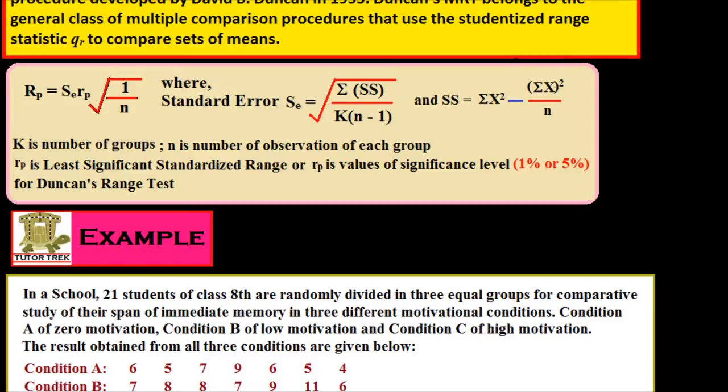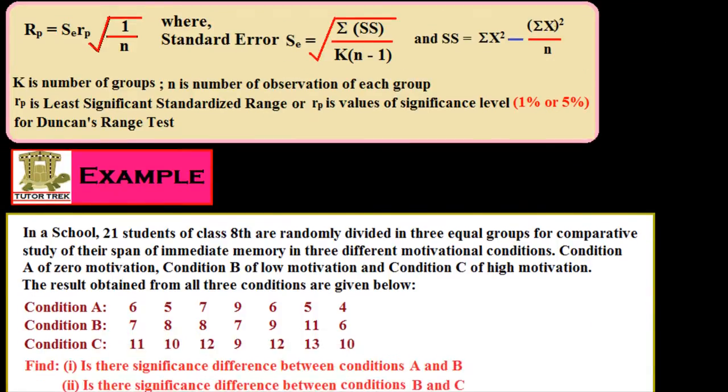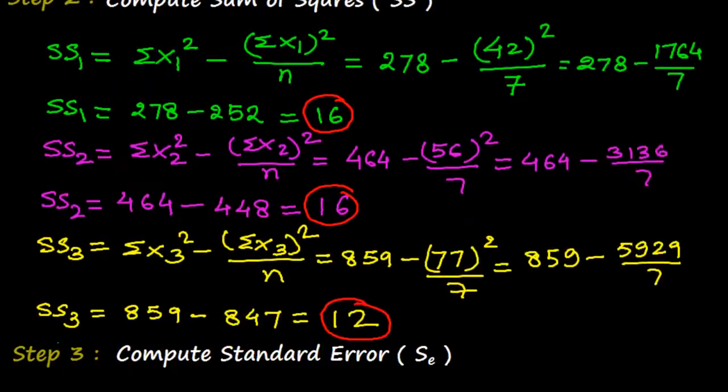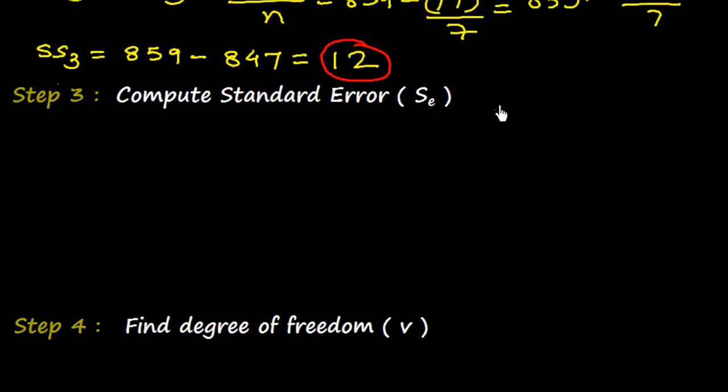So I write down first this formula here. SE is equal to square root of summation of SS over k into n minus 1.